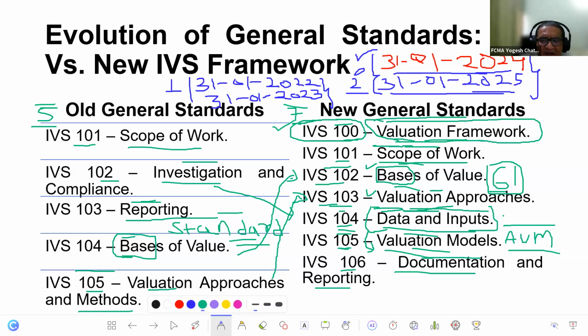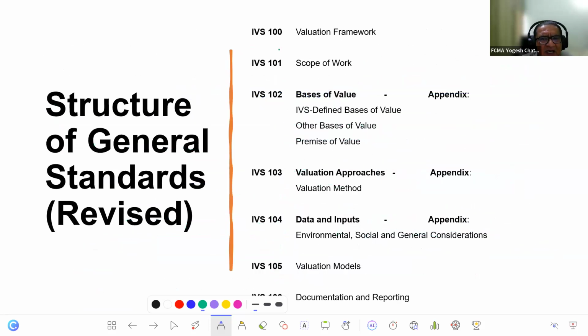So many times it may happen that a valuer first determines the valuation approach and then the basis of value, but that is not correct. And all this, very important, we should mention in the valuation report. So that is about the old general standard and the new general standard.